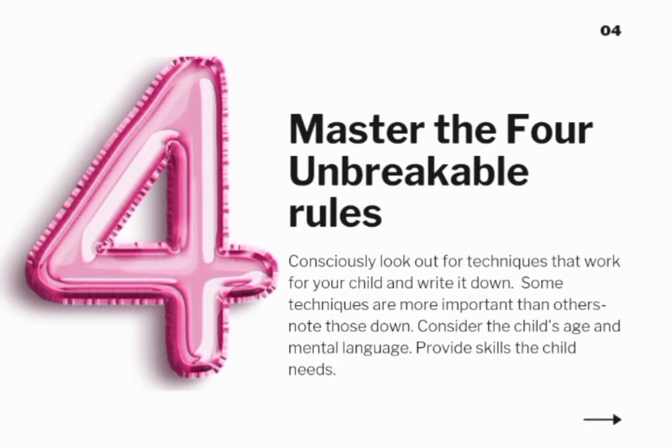So it's also important that you provide the specific skills that the child needs to master. If a child has issues with remembering things, you should master memorization skills. So the specific skills that the child needs depend on the situation of things.